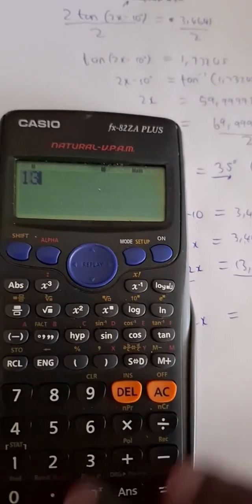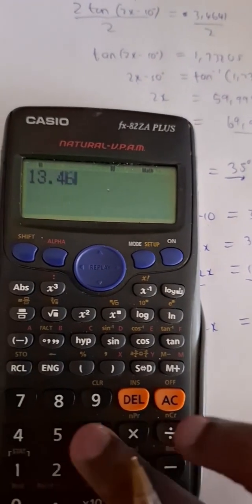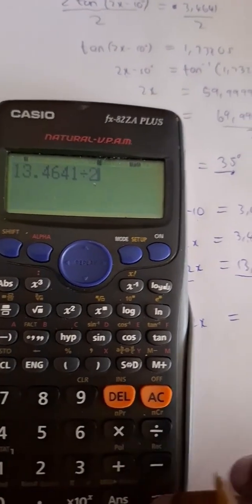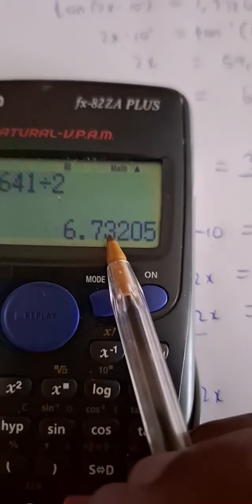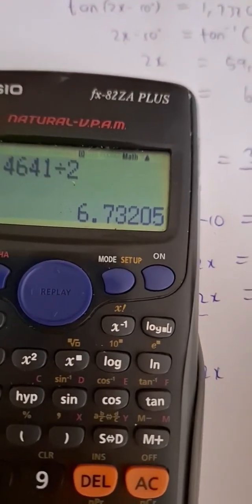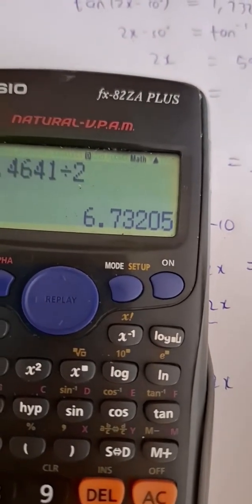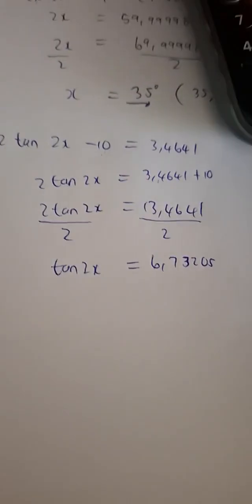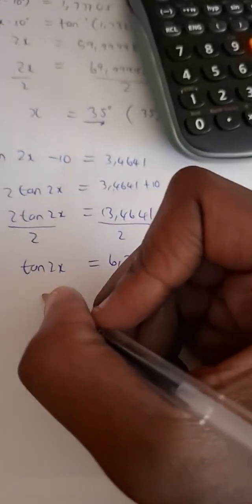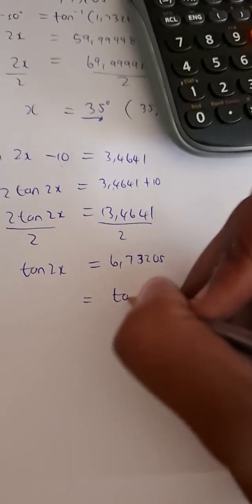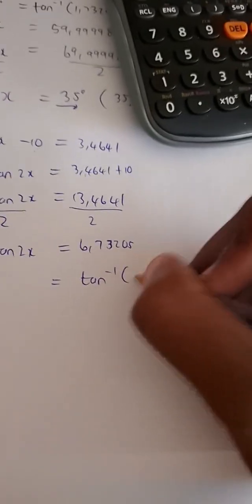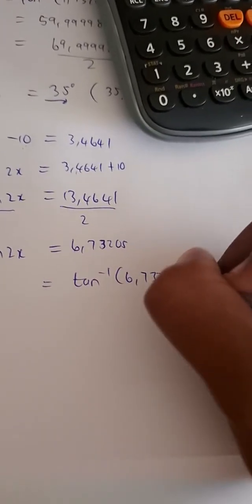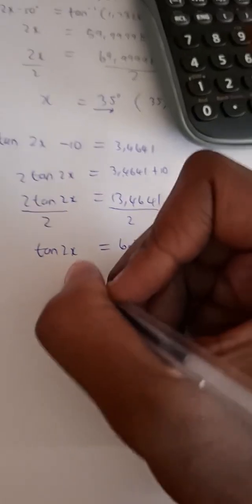So we go to our calculator, we write down 13,4641 divided by 2. We get that answer. Then we take the arc of tan.